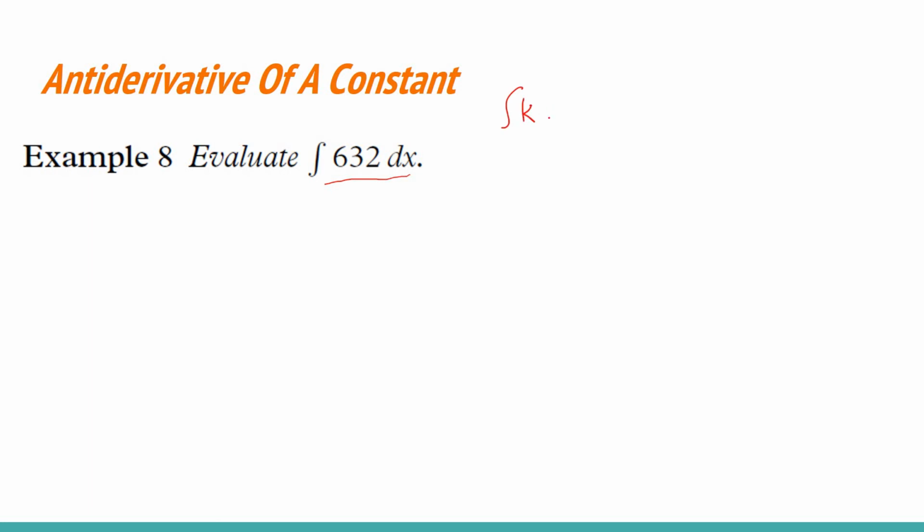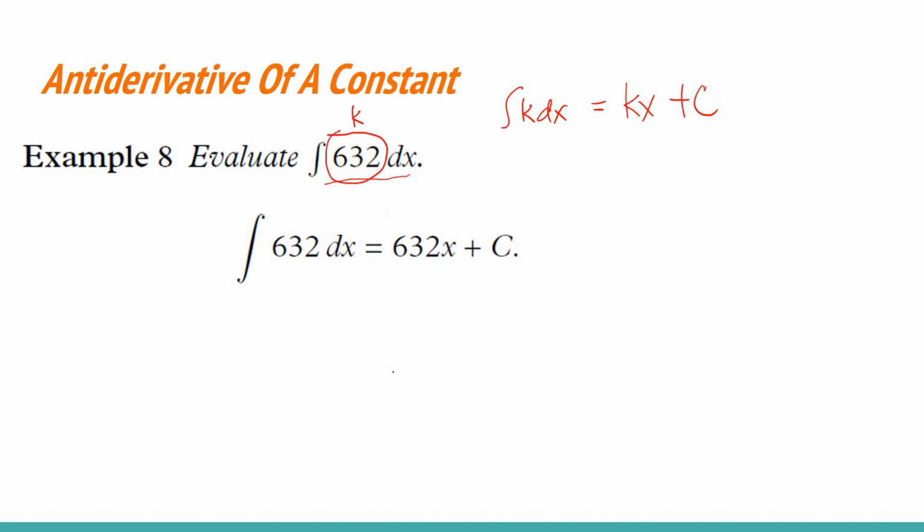The integral of k with respect to x equals kx plus c. So that is why the answer is, the k here is 632. That is the k. So kx, with the x. So the final answer is 632x plus c.